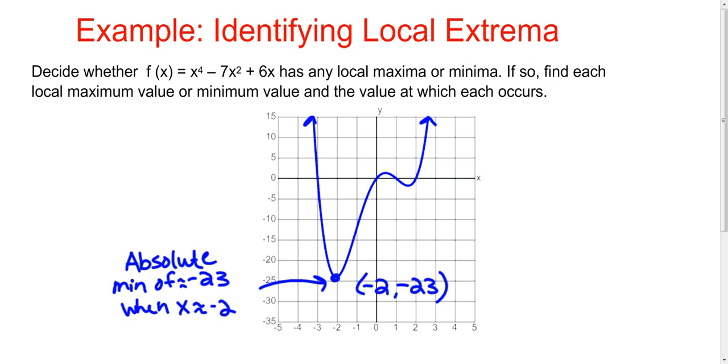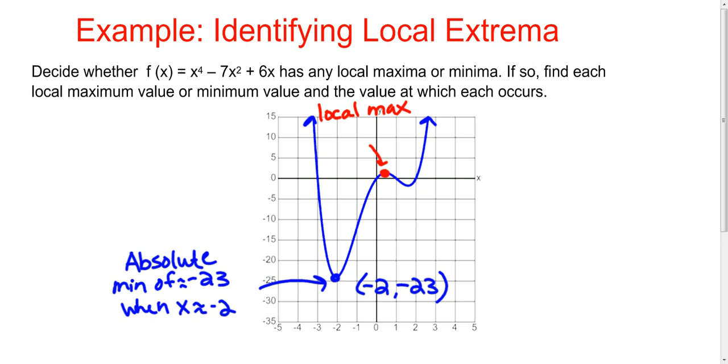Okay, then the absolute highest point this graph reaches is infinity because it does at the ceiling go all the way to infinity. However, you've got some high and low points within the graph, one of them would be right here. So this is the highest point of anywhere around it. So this point right here would be a local max. It's not the highest point on the entire graph, but it's the highest point of everywhere around it.